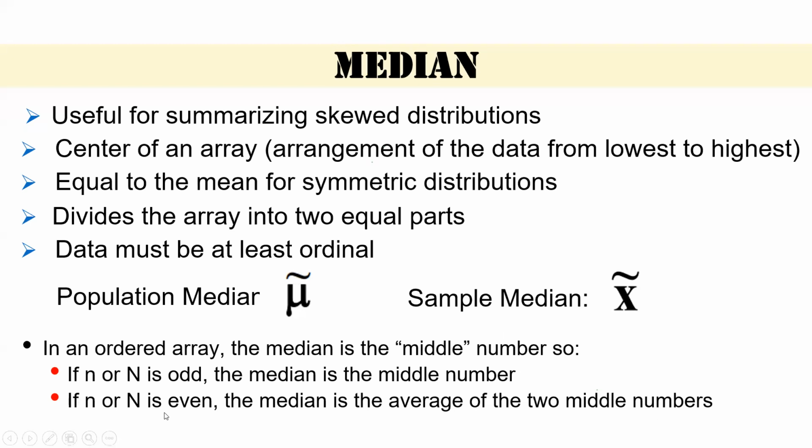But if it is even, then the median is the average or the mean of the two middle numbers. Again, if odd, whatever the middle number is, that's the median. But if there are an even number of scores, then you have to add and divide by 2 the two middle numbers.